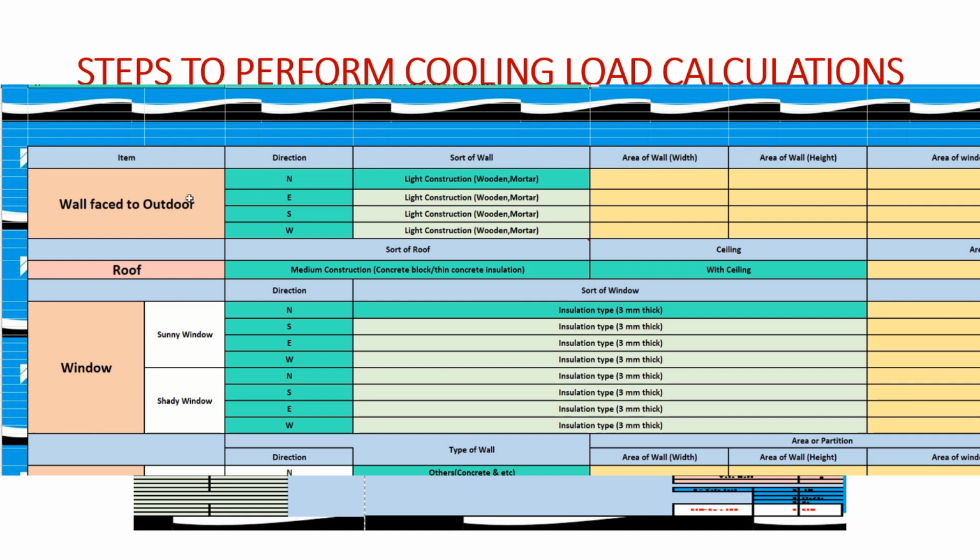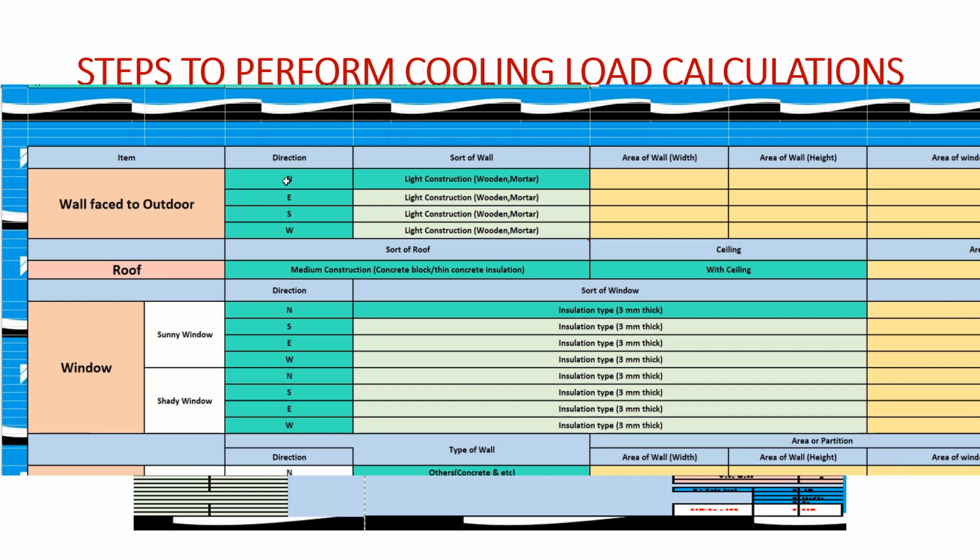The most important thing to remember is that for the wall facing outdoor, we have to get the total area of the wall without the window. We are going to calculate the total area of the wall first.